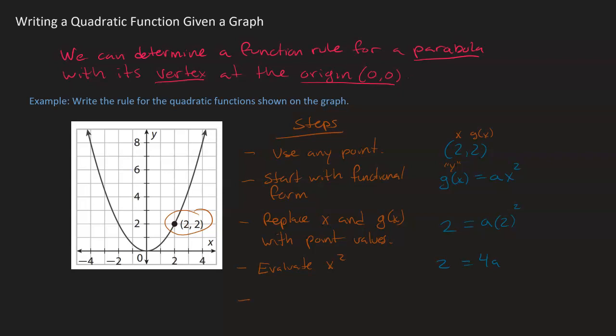Now let's divide both sides by 4 to isolate a. When I do that, dividing both sides by 4, I get a equals 2 over 4, which is a equals 1/2.